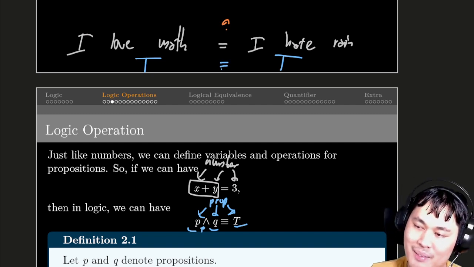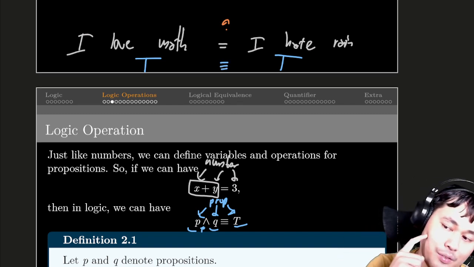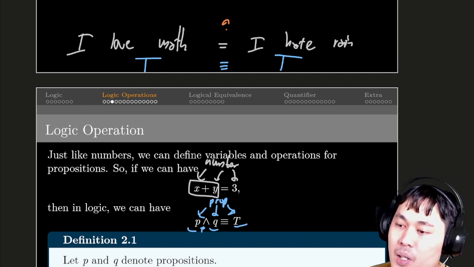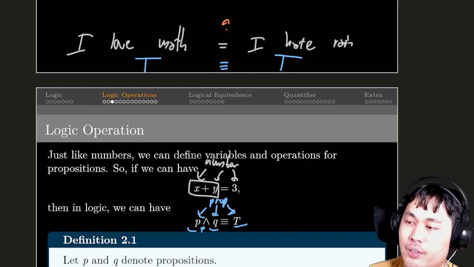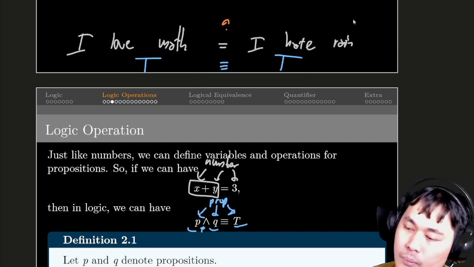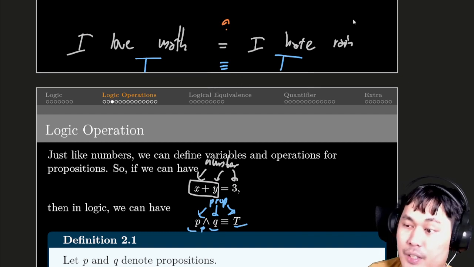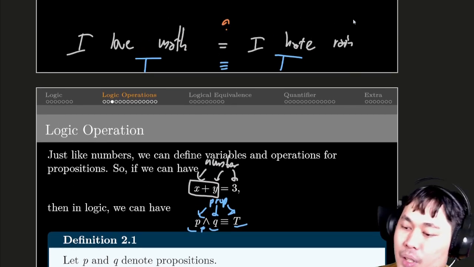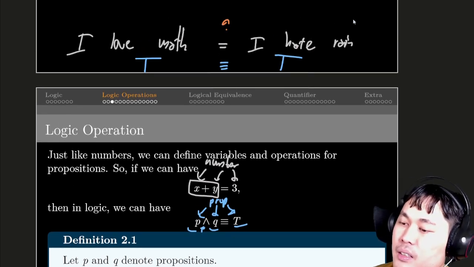So we have to use slightly different symbols to convey the fact that they have the same truth value, not exactly the same statement. That's why we have another fancy line for that. We're gonna stick with that throughout the whole lecture.